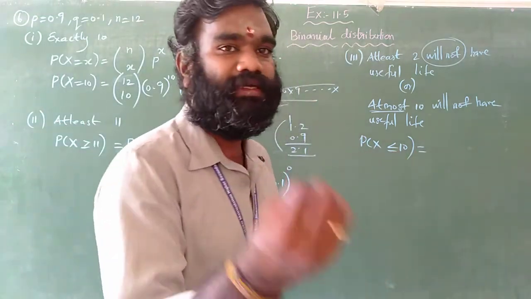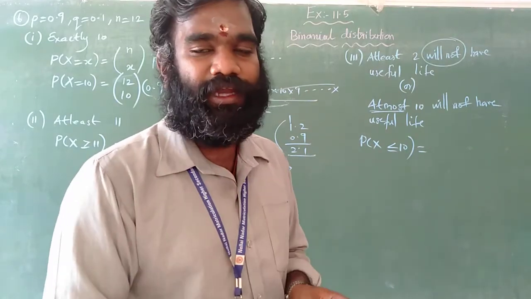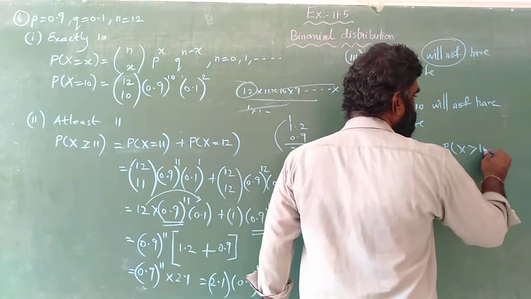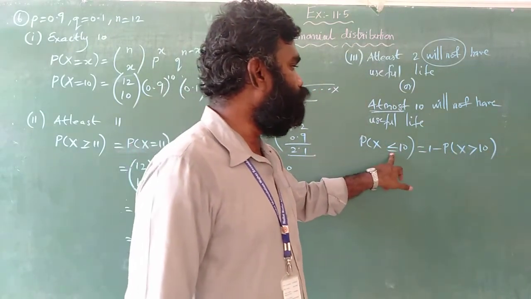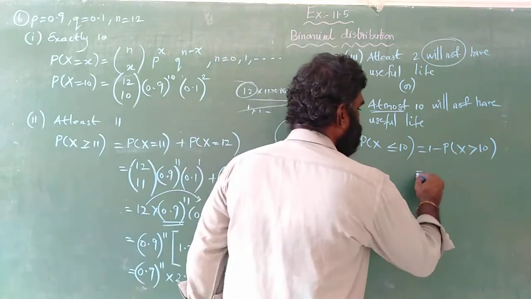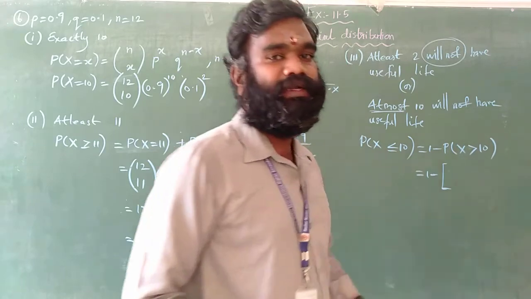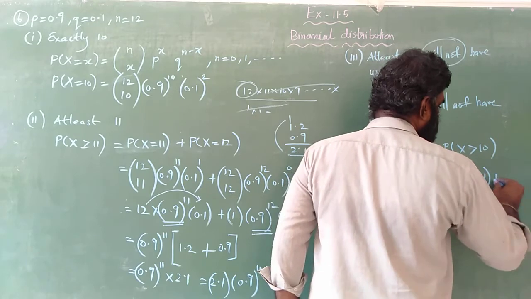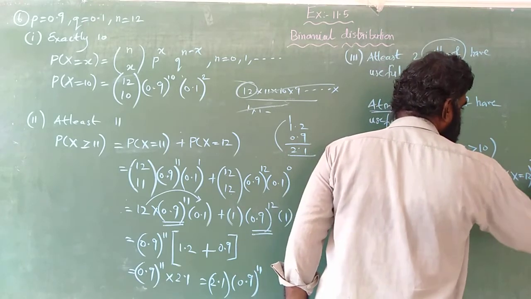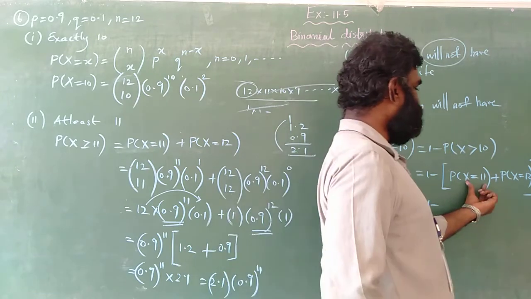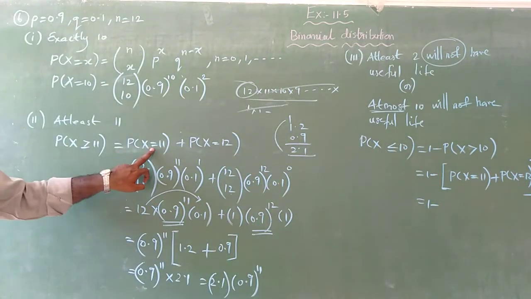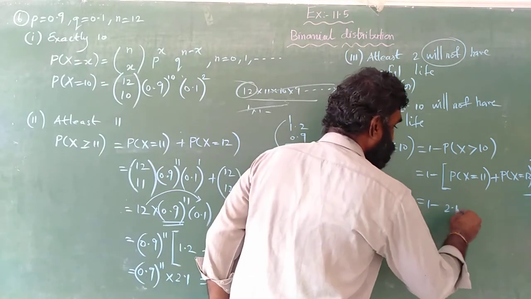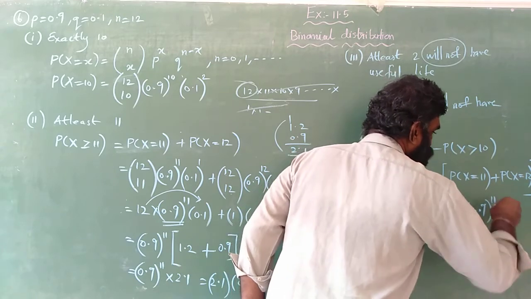Less than or equal to 10 means 10, 9, 8, 7, 6, 5 and so on. Instead of writing like this, I can change this sum as 1 minus P of x greater than 10, which is nothing but 11 and 12: P of x is equal to 11 plus P of x is equal to 12. We have already found these for x equal to 11 and x equal to 12, and the answer is 2.1 into 0.9 whole power 11.